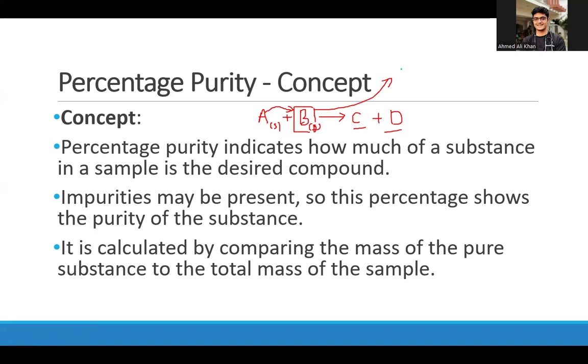Those are the impurities. So it may form impurity I and J. But I and J will also contribute to the mass of the final product.